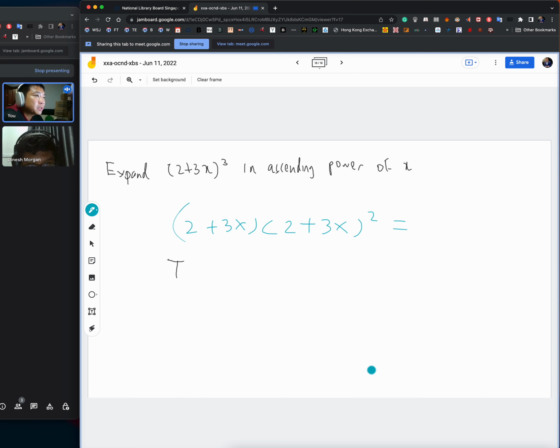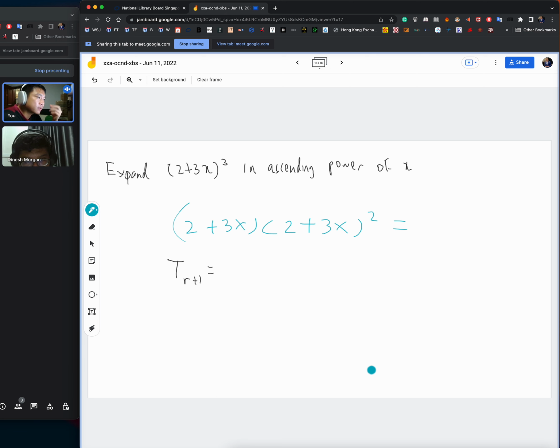I know the formula, but my way of doing binomial expansion, like I told you at the beginning of the lesson, is derived from the formula. But it's a more straightforward version of the formula.